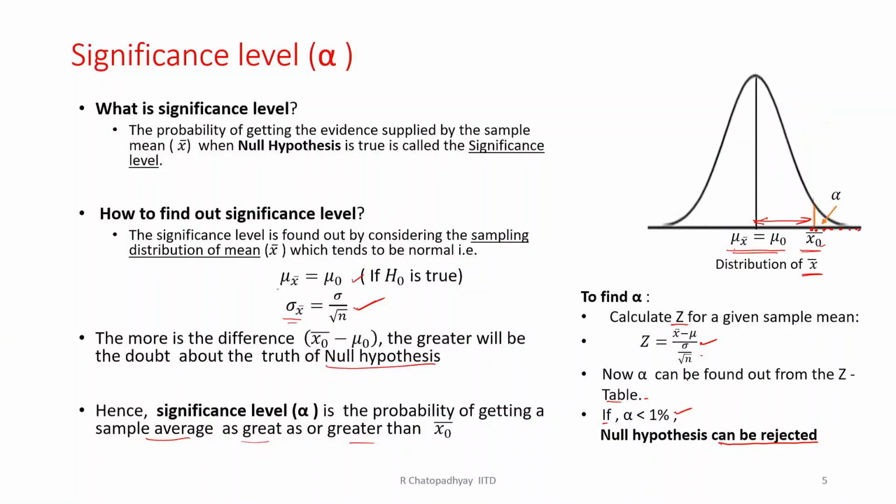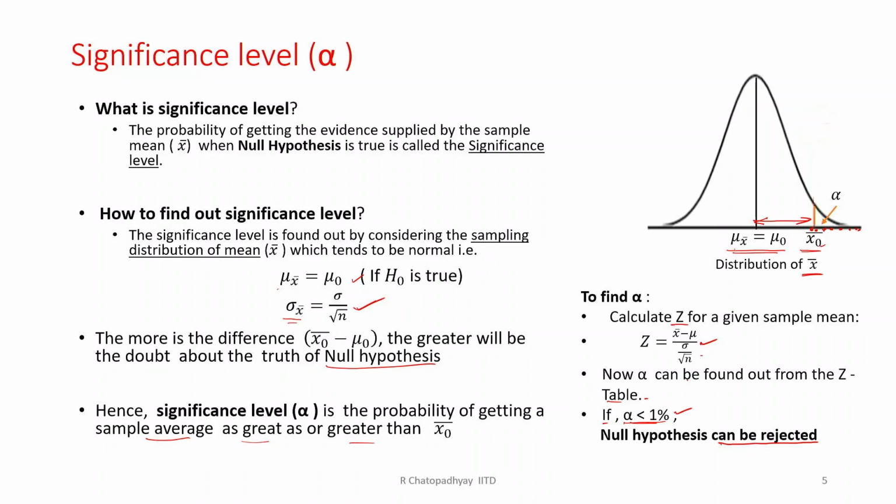If it is less than 1%, that means suppose it is 1%, meaning 0.01. If it is less than 0.01, suppose it is 0.0005, that means it is too far from this mean. That's why the area is too less. So this in a way indicates how far the observed sample mean is from the population mean.